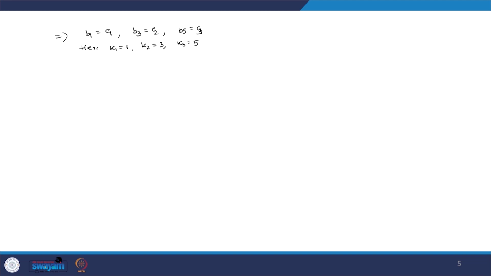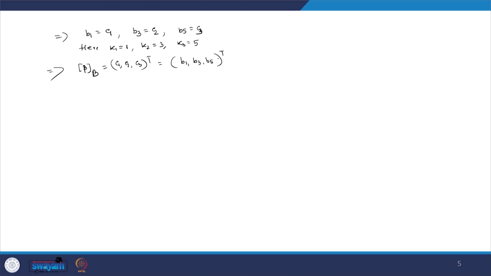Fine. So, this implies the coordinate matrix of beta with respect to the ordered basis B is equal to C1, C2, C3 transpose, which I am getting as B1, B3 and B5 transpose.